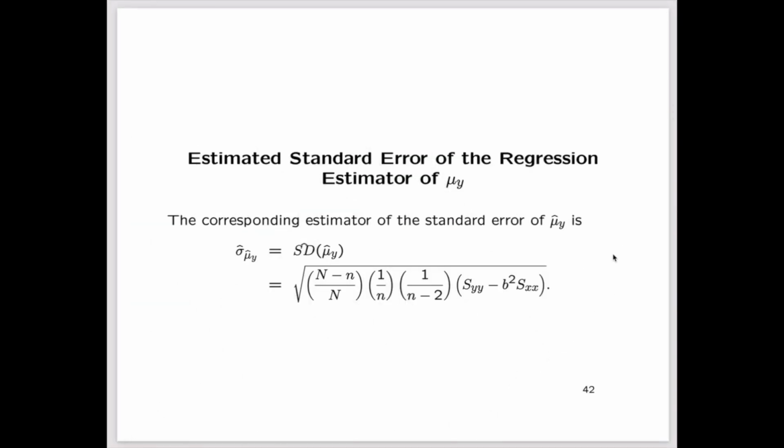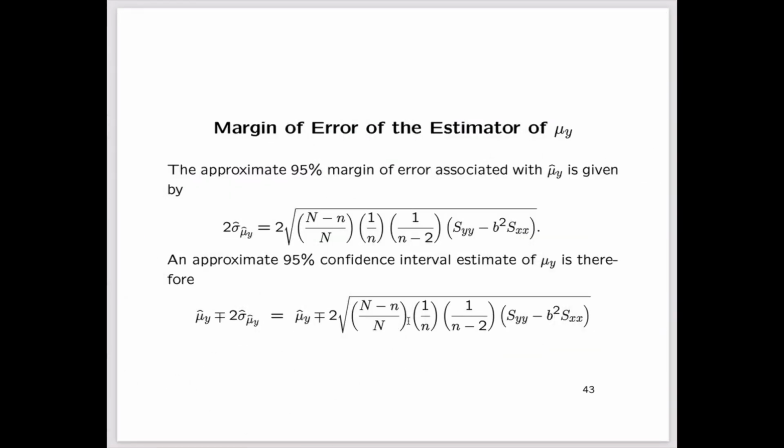And so once we have that estimator of the variance of mu hat sub y, we can take its square root to get the estimated standard error of mu hat sub y. And so that's just the square root of that quantity on the previous slide. Once we have that, we can multiply it by 2 to get the approximate 95% margin of error associated with mu hat sub y.